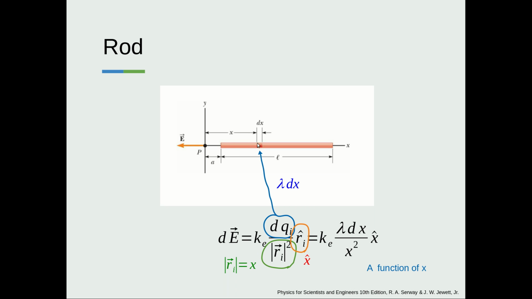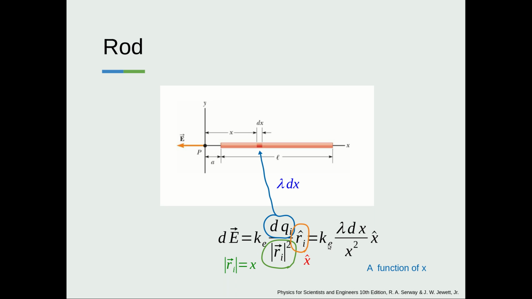The distance between the charge and yourself is always on the x-axis. So the distance here turns into x. And the vector here is always x hat. This is how you do it in a very simple way, but you just change a lot of parameters into a function of x.